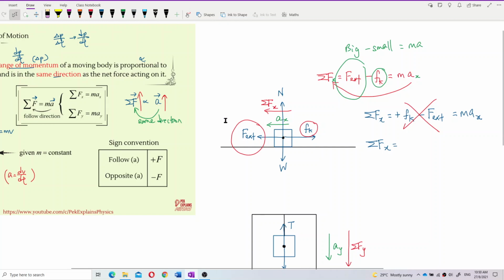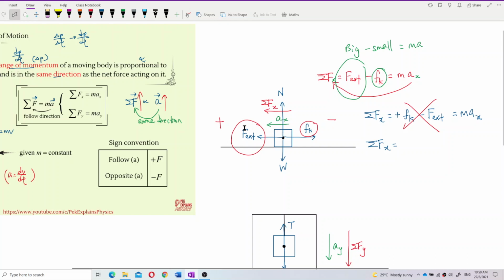So follow acceleration is positive. Understand or not? Follow acceleration, positive force. Opposite acceleration, negative force.